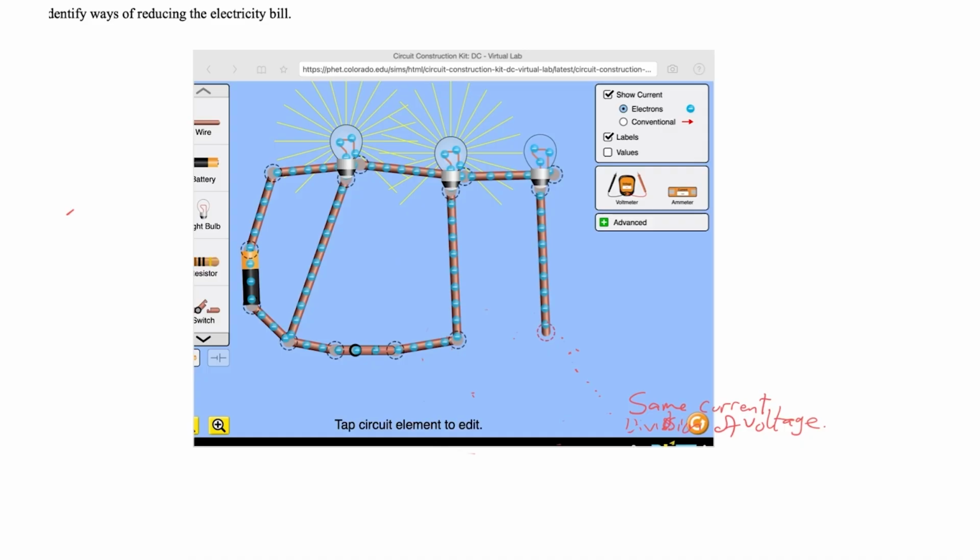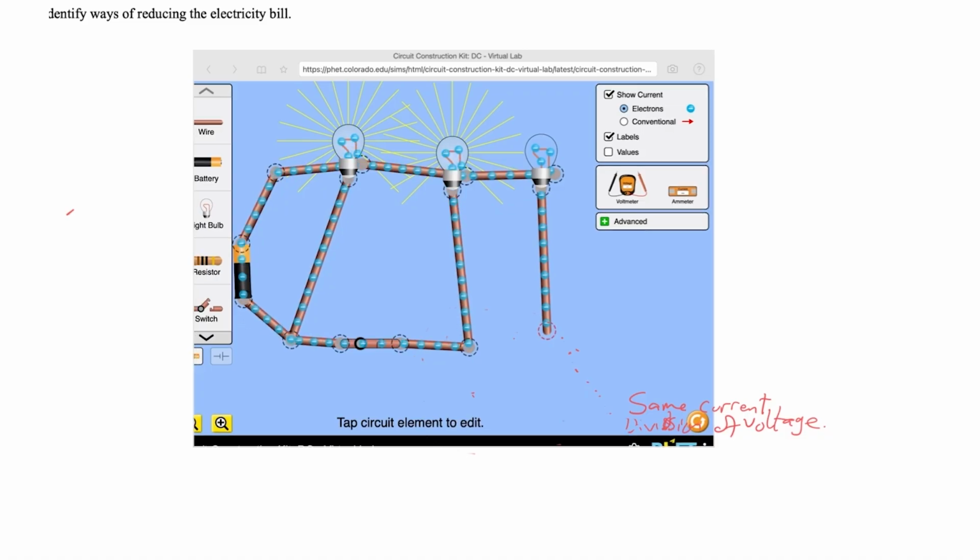So now you can compare which is the best electrical circuit that we can use at home when wiring these electrical components. They can be bulbs and other electrical components.